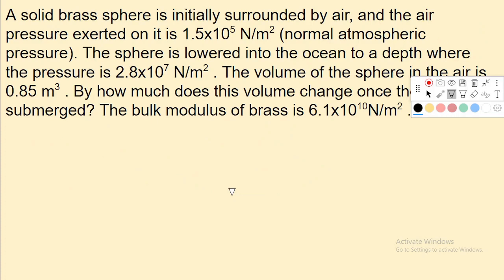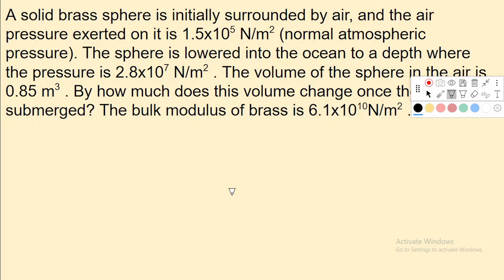The next one. A solid brass sphere is initially surrounded by air, and the air pressure exerted on it is 1.5 into 10 raised to 5 Newton per meter square. That is a normal atmospheric pressure.